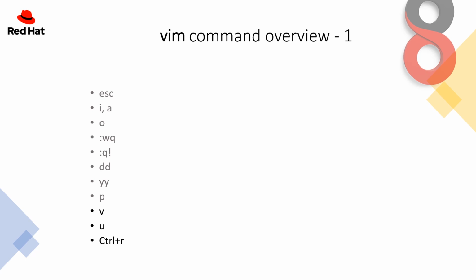In my upcoming demo, I will also show you how u is used for undo, as u is used in Vim to undo any operations you have performed. Control plus r is used to redo. Like if you have done something which is not needed and you don't know how to get it back, and you have deleted a lot of data and made a lot of changes, you can use this. Let me show you.